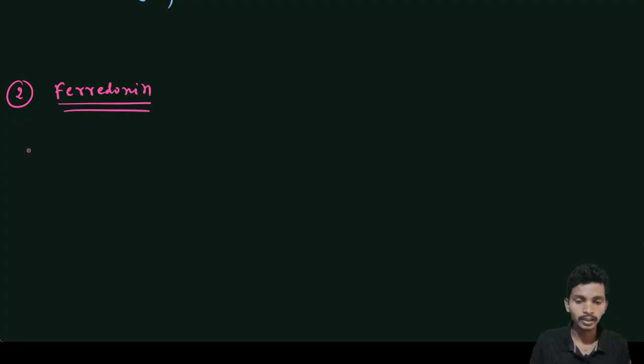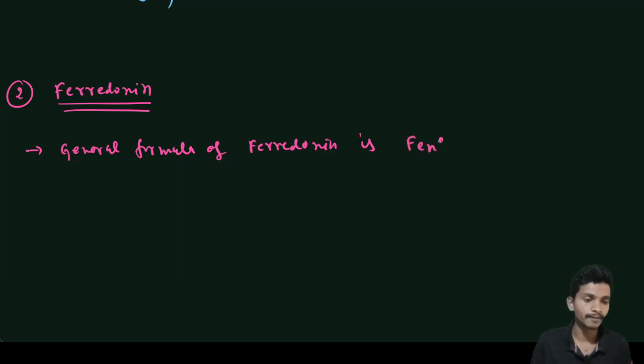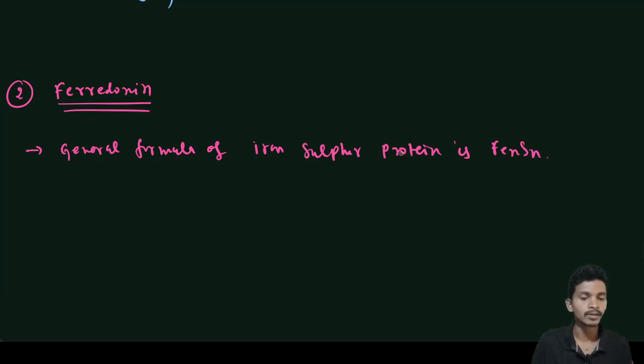So we know that the general formula of iron sulfur protein is FeSn. So here, ferredoxins are available in 3 forms.